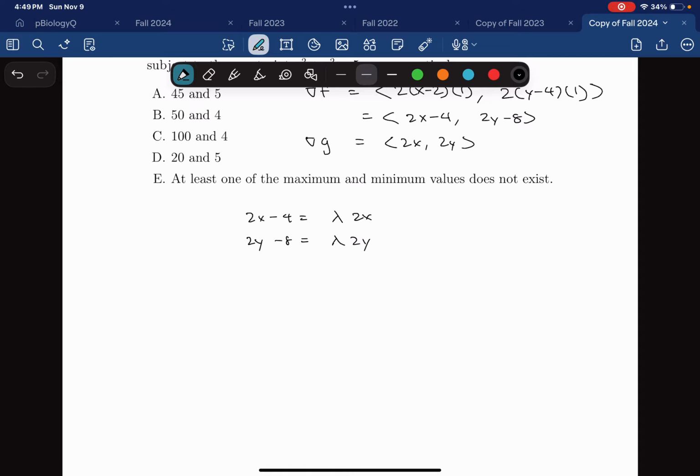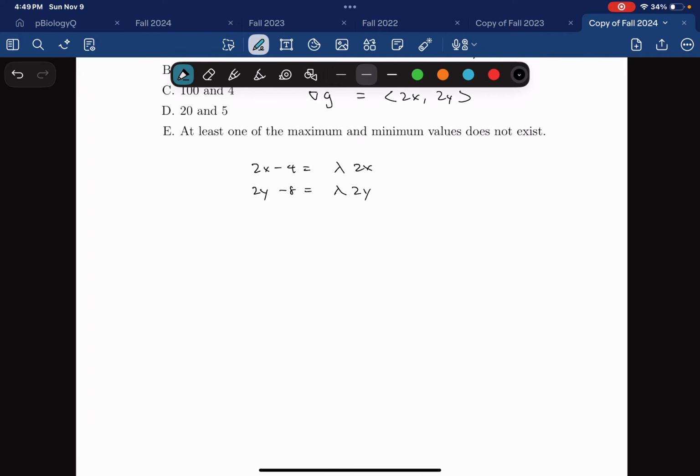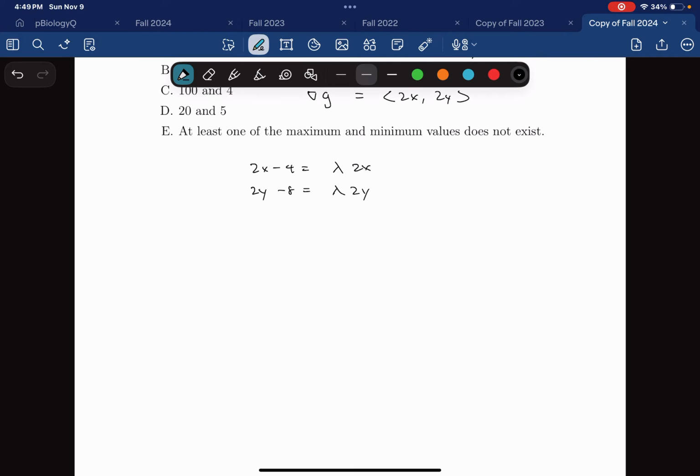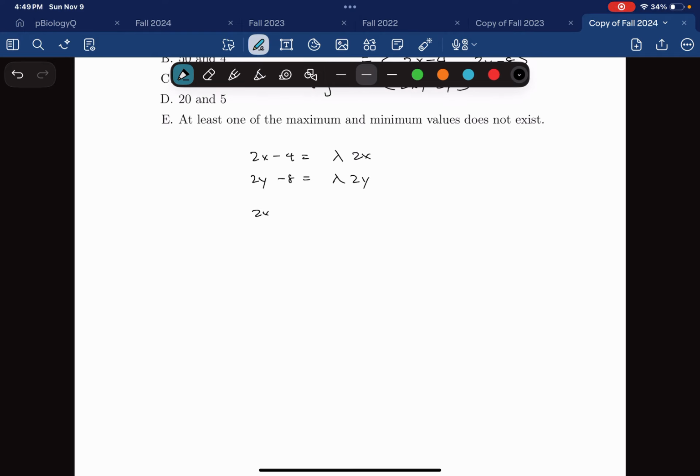So in this case, what I would do is I would say (2x minus 4) over 2x is equal to lambda. Lambda is also equal to (2y minus 8) over 2y.